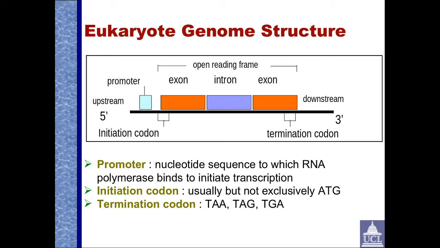So if we think about a eukaryotic genome, the structure is relatively complex. We have promoters, we have exons, and we have introns.